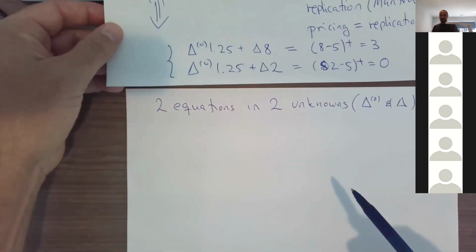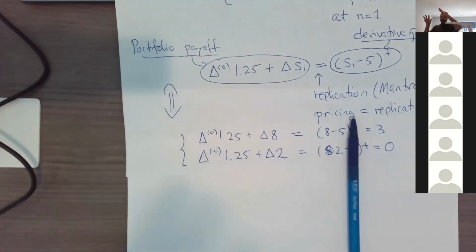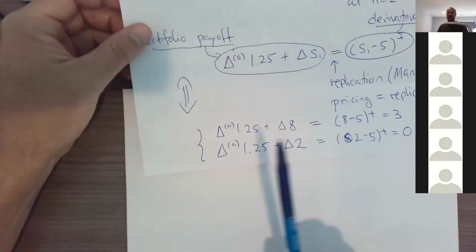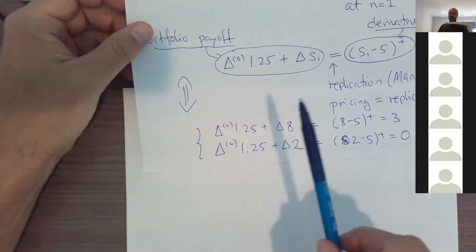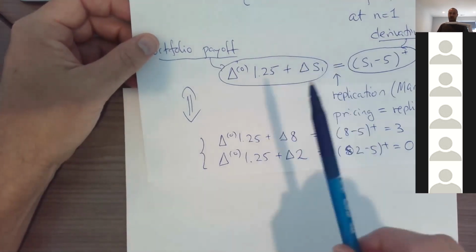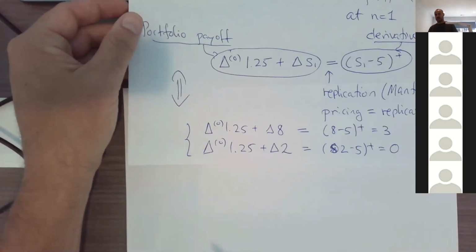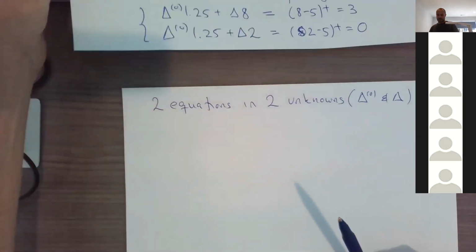This is how we break the smoothie into its components, figuring out how much of the stock component should go in there, and how much of the bank should go in there to create the smoothie, to create the derivative.